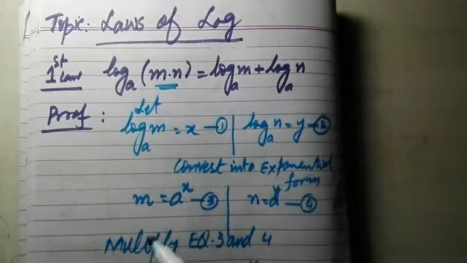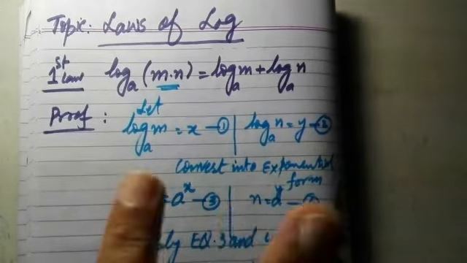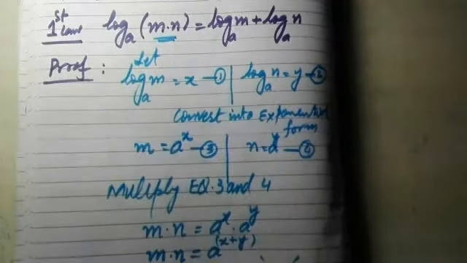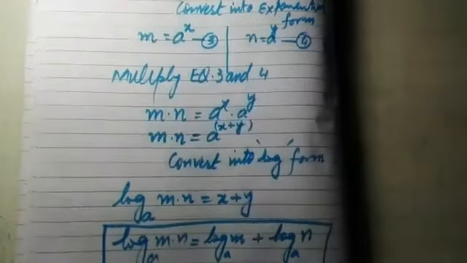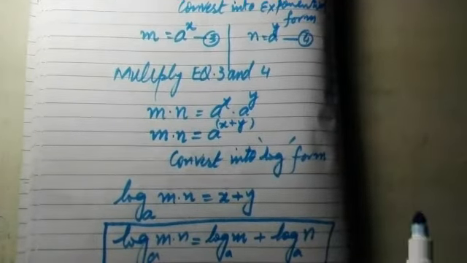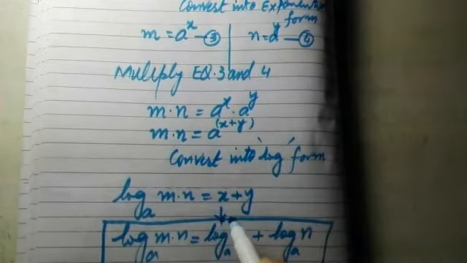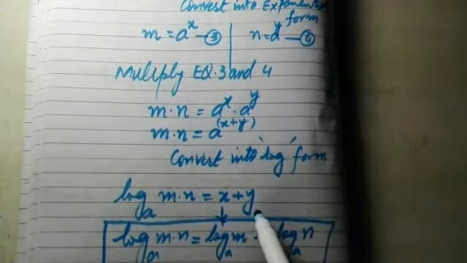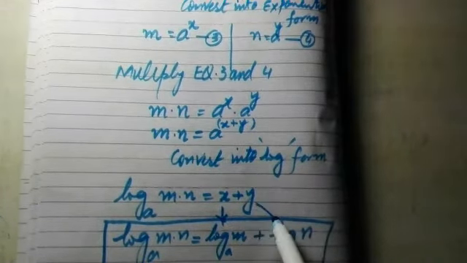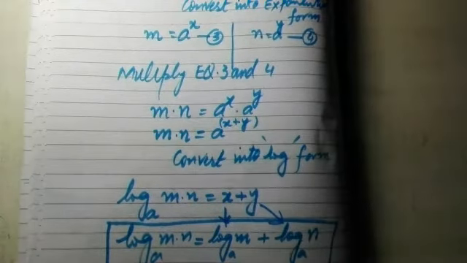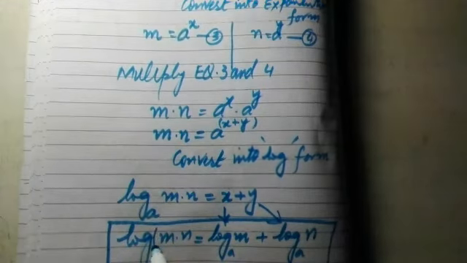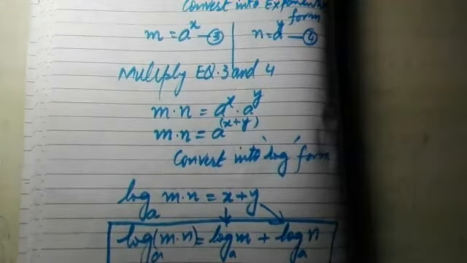So these two values are utilized at the end of the proof: x is substituted right here and y is substituted right here. This gives us the required proof: log of m multiplied by n is equal to the sum of the two individual logarithms, log m plus log n.